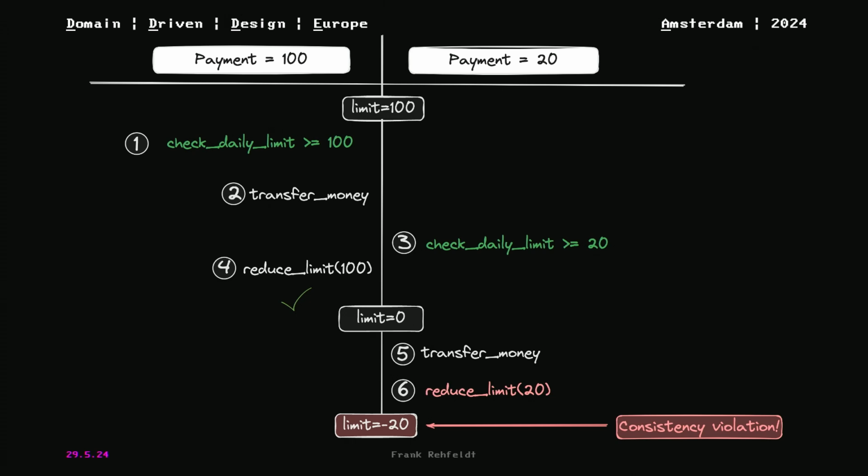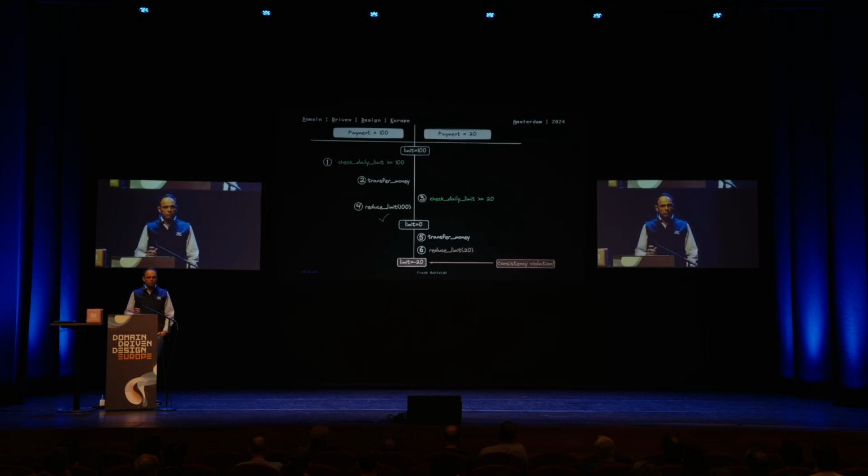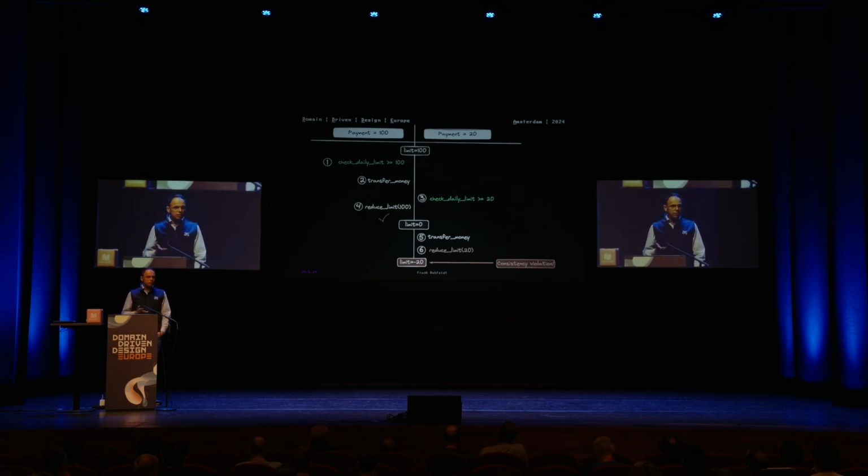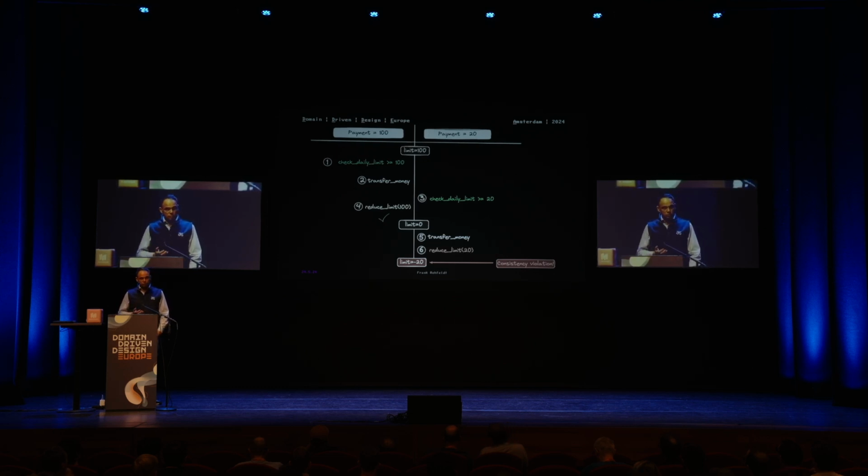Okay, well, the daily limit is 100, and the check is successful. Then it transfers the money, but then the second transaction kicks in and checks if the daily limit is sufficient to transfer 20 euros. And this check is also valid because the limit has not been reduced yet.